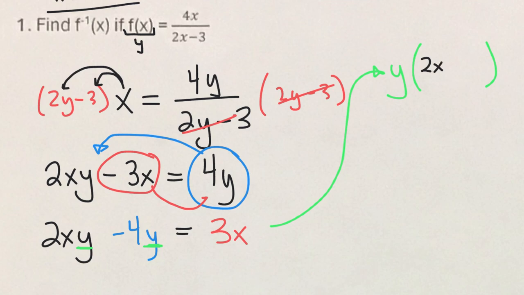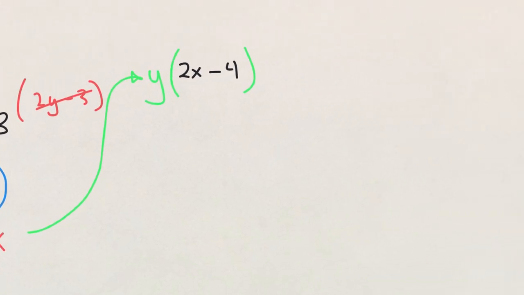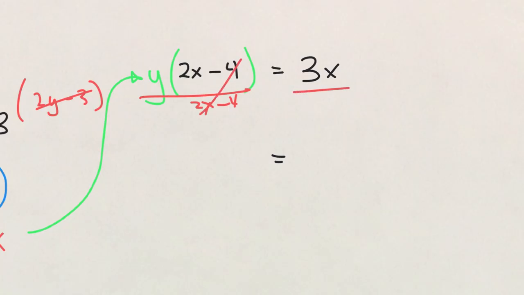So I have a 2x that's left over and a minus 4 that's left over when I factor that y out of my equation. And that equals 3x. So my last step is to divide by 2x minus 4.